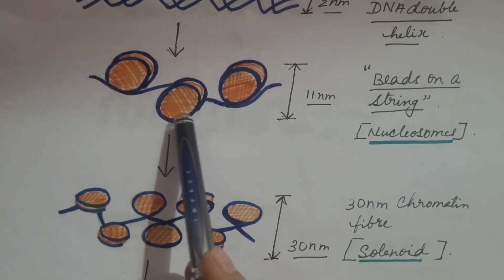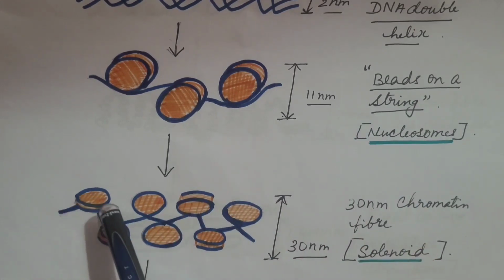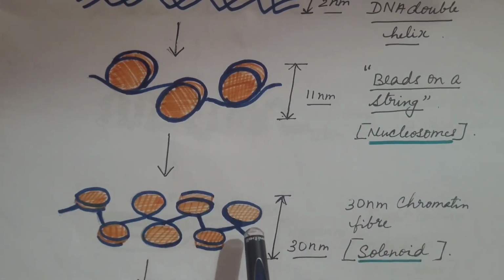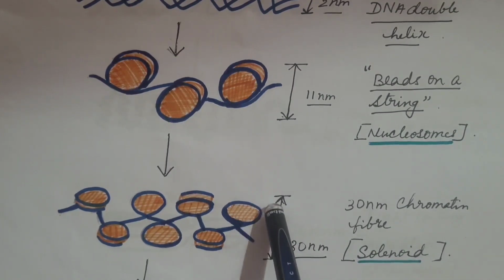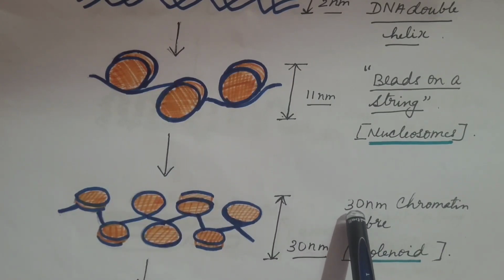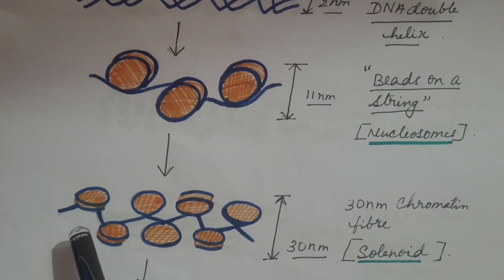Linear DNA along with nucleosomes, which is known as the beads on a string, is coiled into left-handed helix known as solenoid, and the diameter or the width of this structure is 30 nanometer. This is known as 30 nanometer chromatin fiber. Each turn of the helix consists of 6 nucleosomes, or there are 6 nucleosomes per turn of the helix.